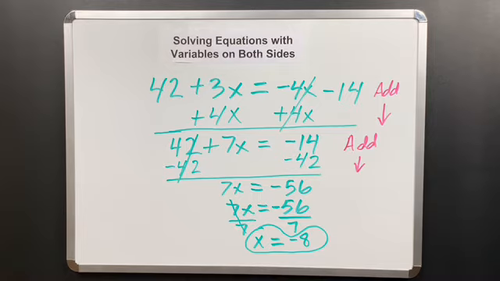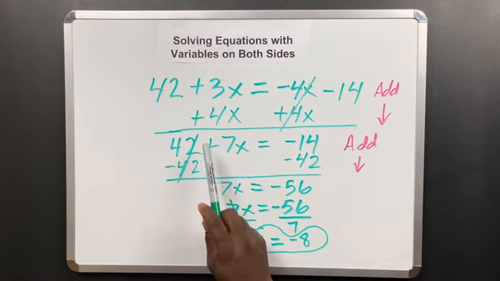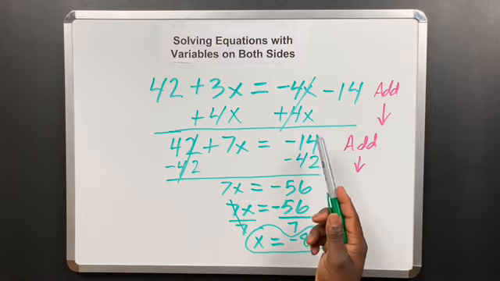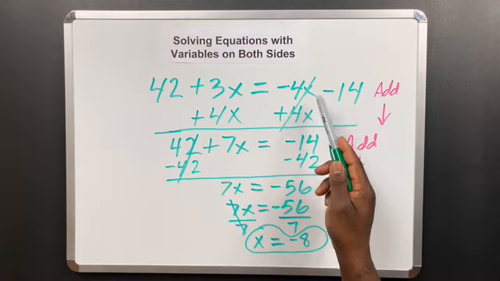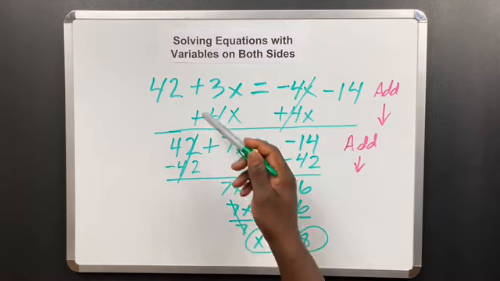Okay? So we successfully solved this equation where we had a variable on both sides. We started by deciding that we wanted to get rid of the variable on the right side, right? So we added 4 times x to both sides.